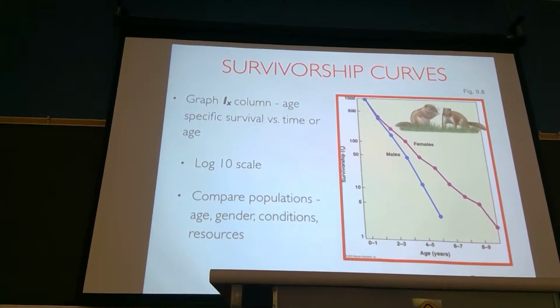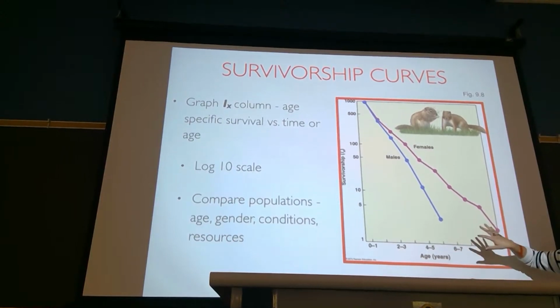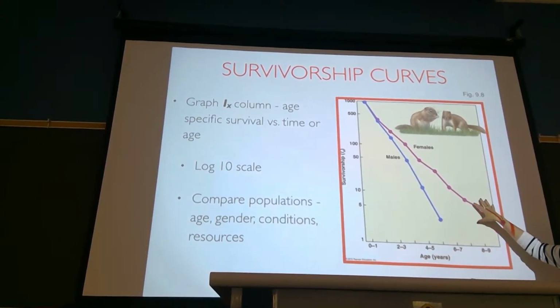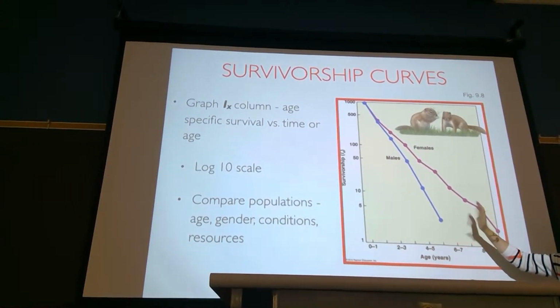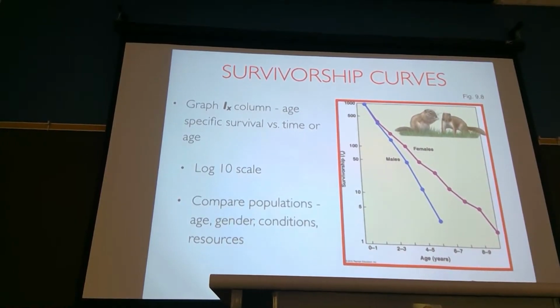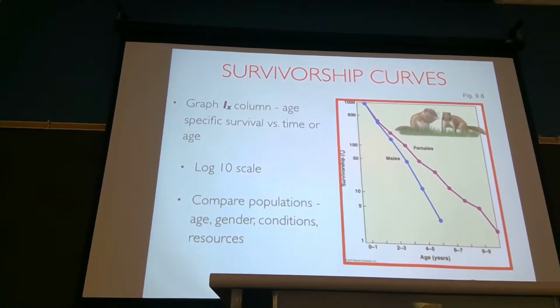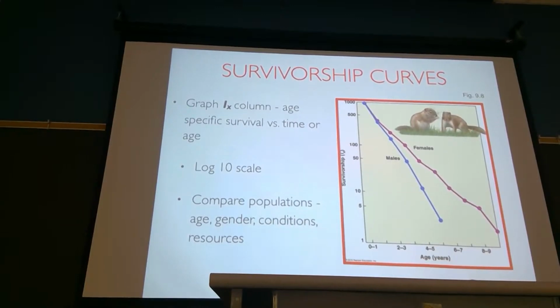Here again, we're looking at our gray squirrel, brown squirrel data. By graphing males versus females, we can see that females have a better survivorship than the males do. It's kind of opposite what we saw in the birds. This is likely because the males have to go out and get food, putting themselves in more danger than females, who are safe in their nesting habitats and being fed by their mate.